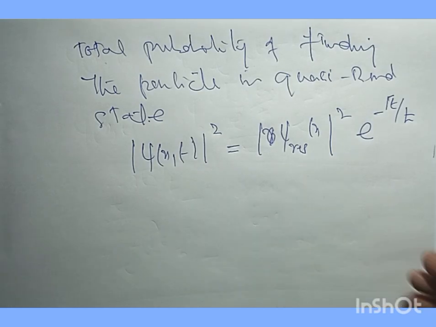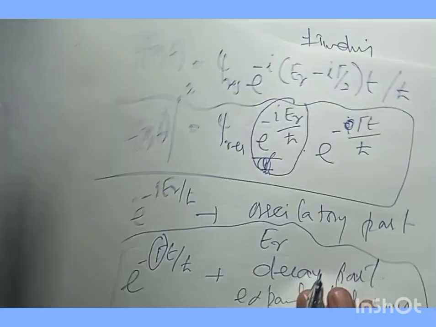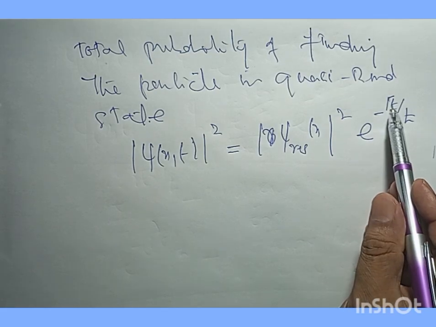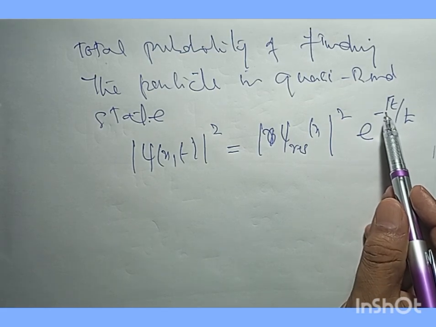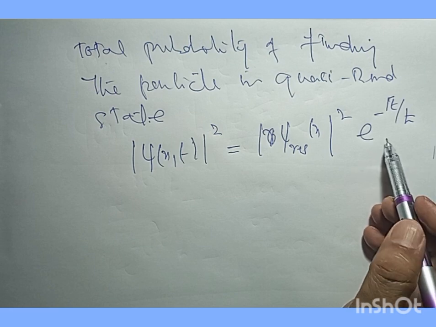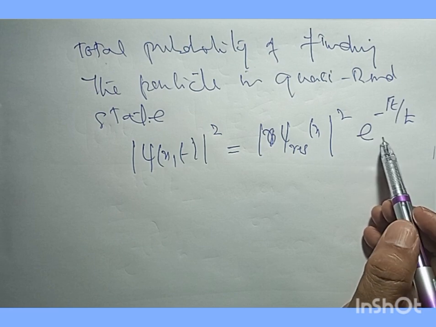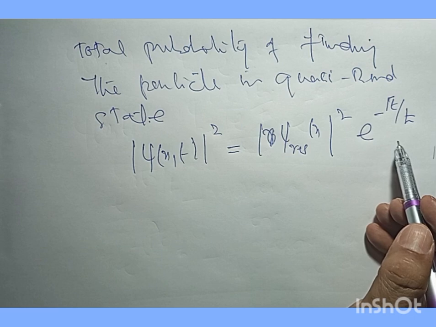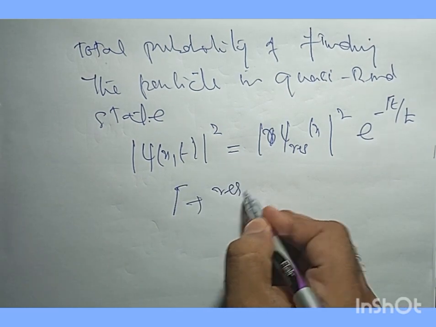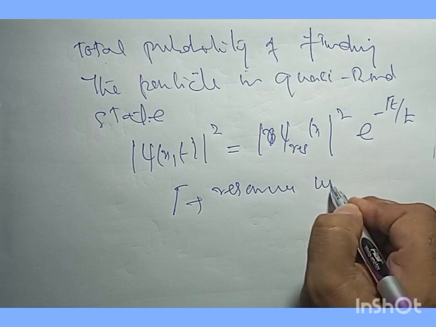When you take the complex conjugate, the oscillatory part boils down to 1, and what we will be left with is the resonance width here. So the probability decays exponentially, and the decay rate is given by what we call the resonance width.